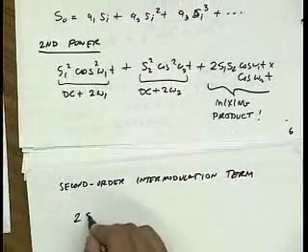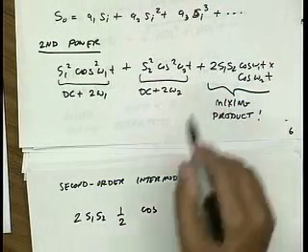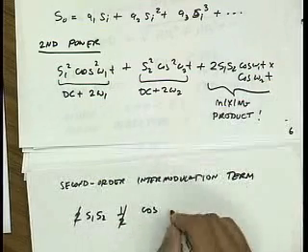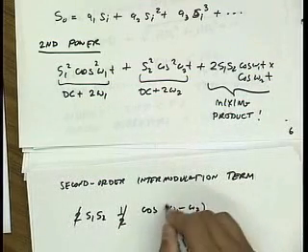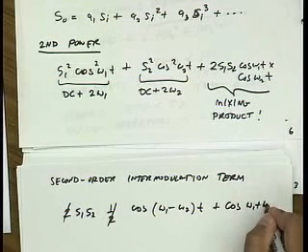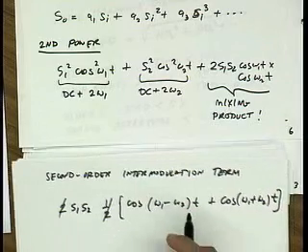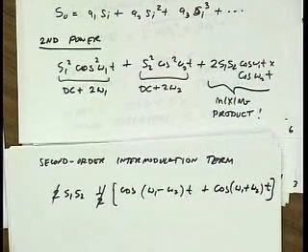And I have 2 S1 S2 times 1/2. Actually, these cancel out. So it's S1 S2 times the quantity cosine of omega 1 minus omega 2 t plus cosine of omega 1 plus omega 2 t. Okay. So this is totally new.